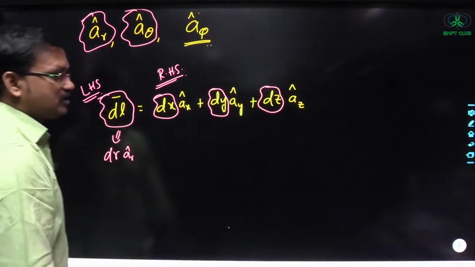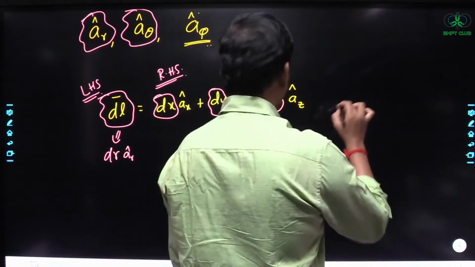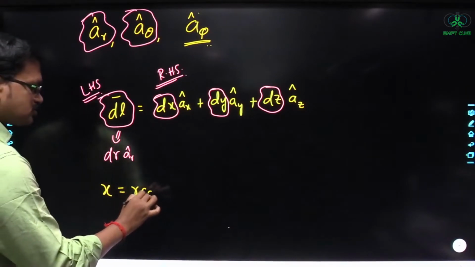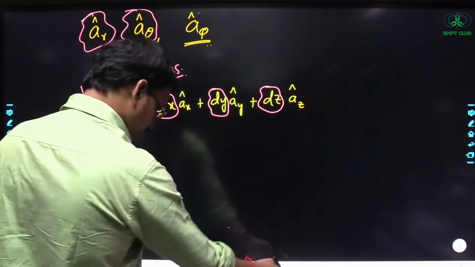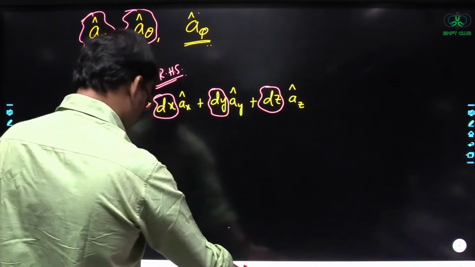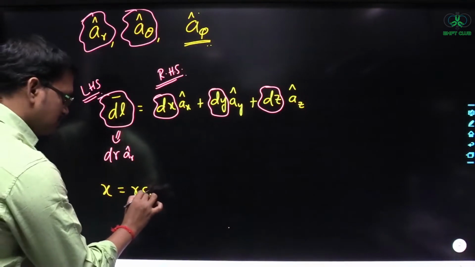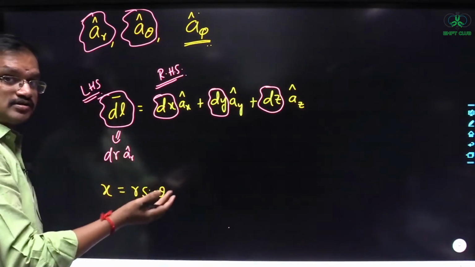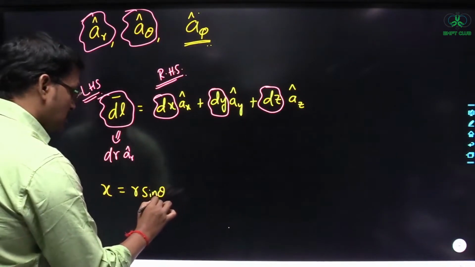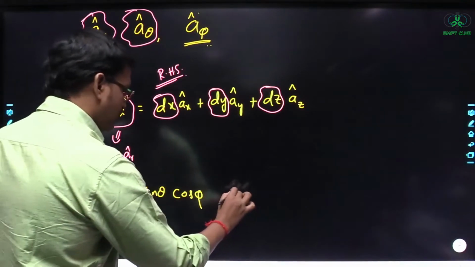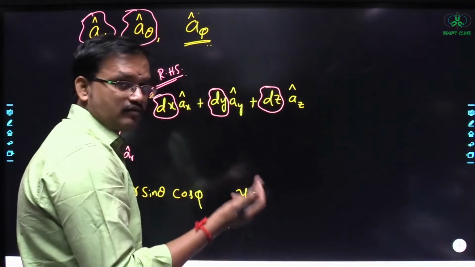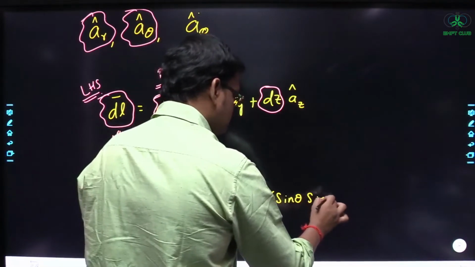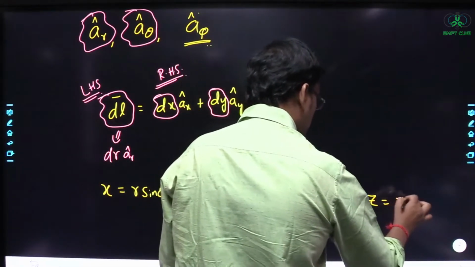We know these relations: x is equal to rho cos phi, where rho is r sin theta, so x is equal to r sin theta cos phi. y is equal to rho sin phi, that is r sin theta sin phi, and z is equal to r cos theta.